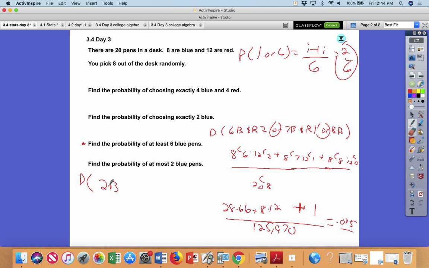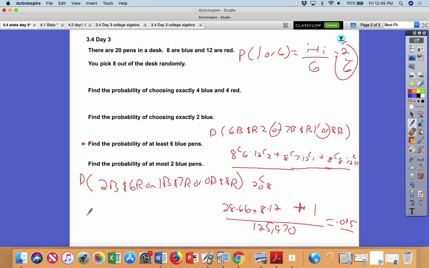Right, so you would have to have that 0 possibility in there as well, right? So 2 blue, 6 red, or 1 blue and 7 red, or 0 blue and 8 red. Because there is a way of getting 8 red. There's lots of ways of getting 8 red if there's 12 total, right?